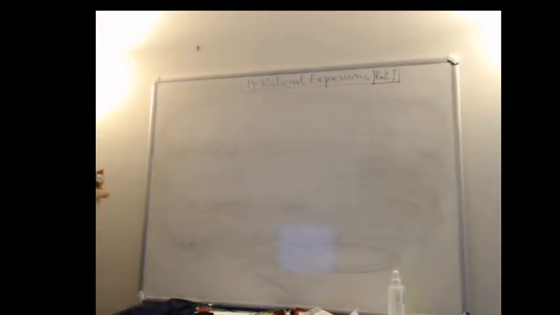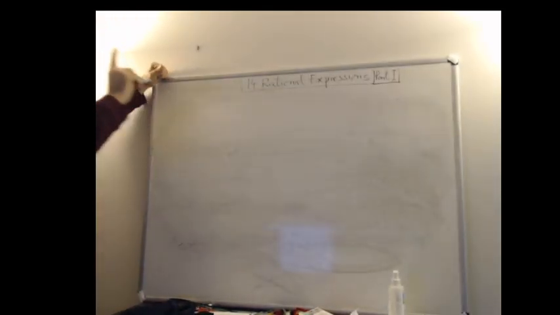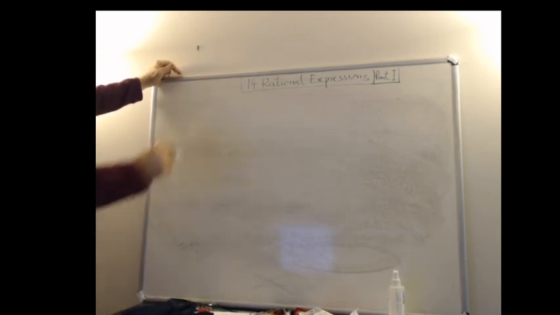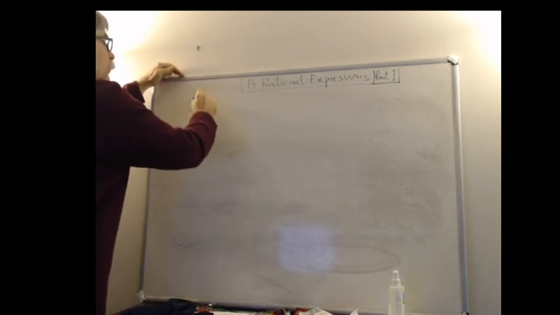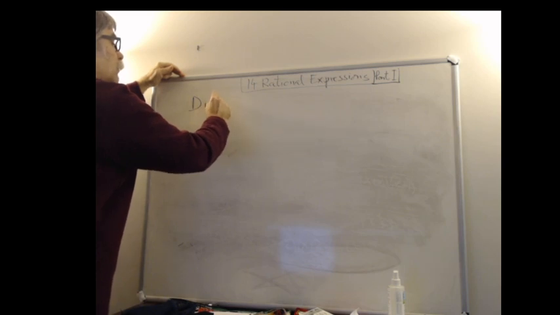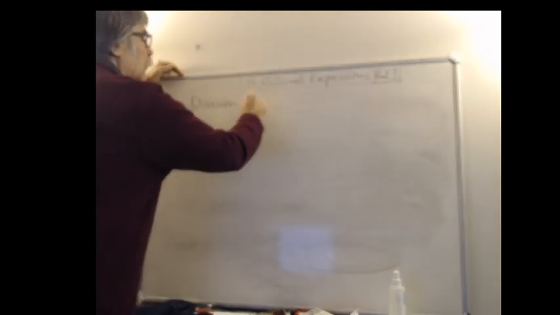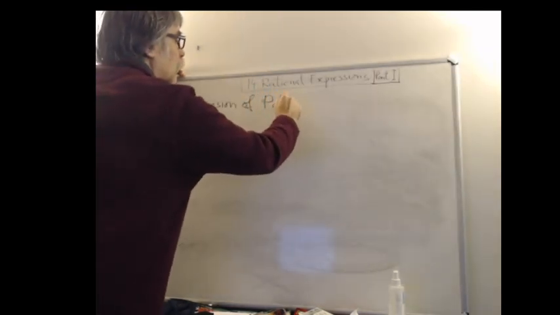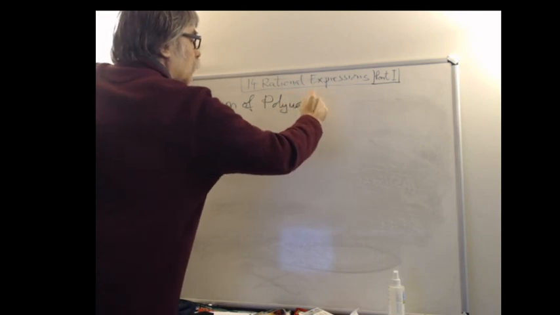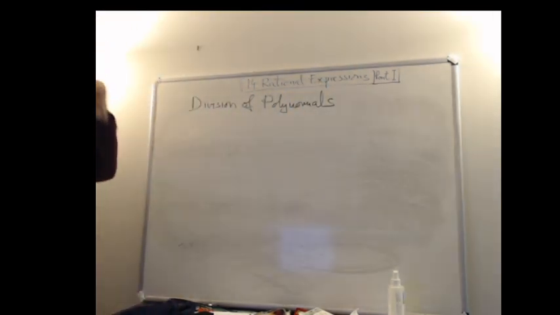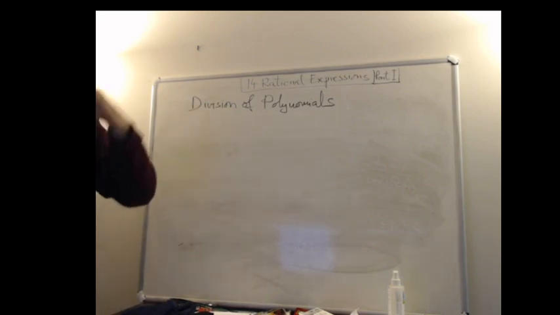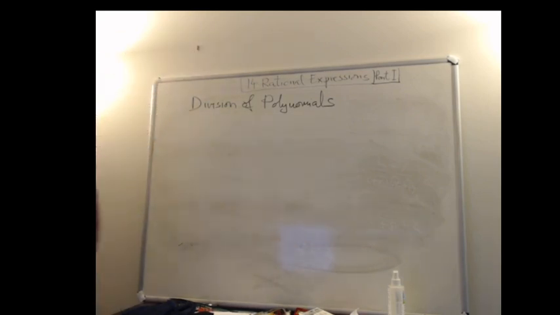Okay. One more topic. That is not a rational expression, but it's a story about divisions of polynomials. You thought I forgot that, right? Maybe you didn't even think about it. When we were doing stuff with polynomials, we were doing everything except division. We didn't divide polynomials.